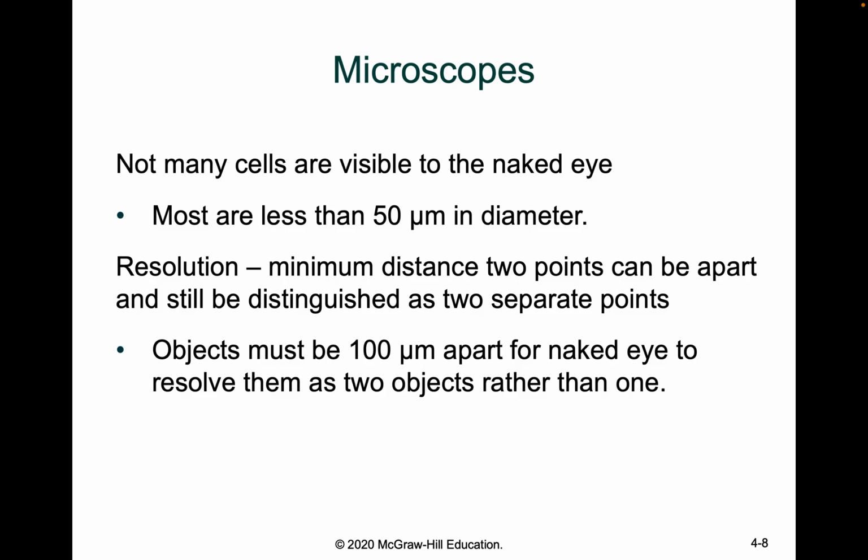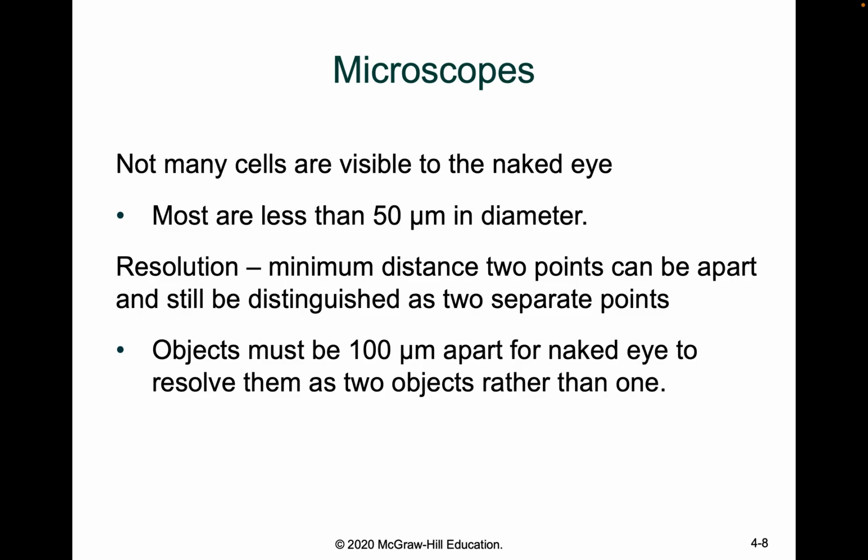So for objects where the distance is as small as 100 micrometers or smaller, we're not able to see it, because our naked eye cannot resolve it. If these two points are 100 micrometers or less apart, our eye cannot see the start and the end, so we see it as just one, and that is why we see it blurry.